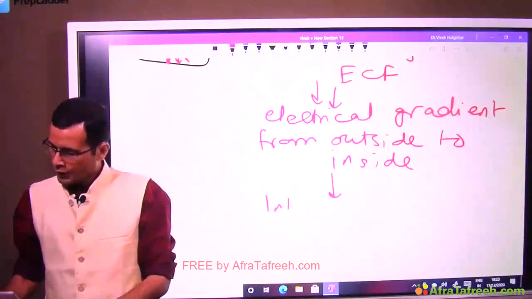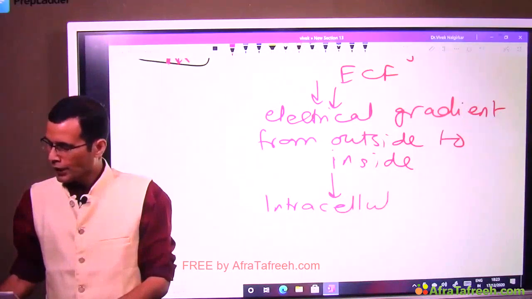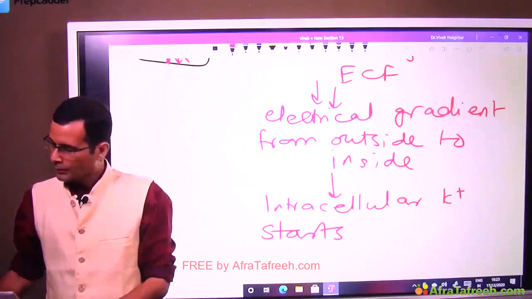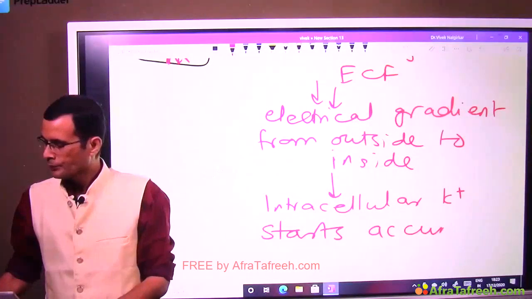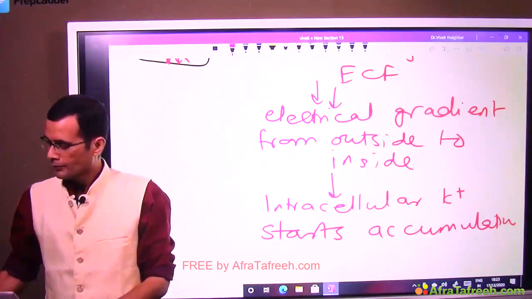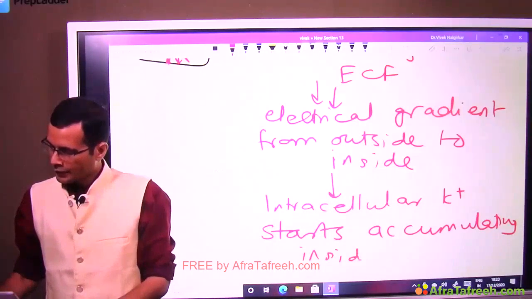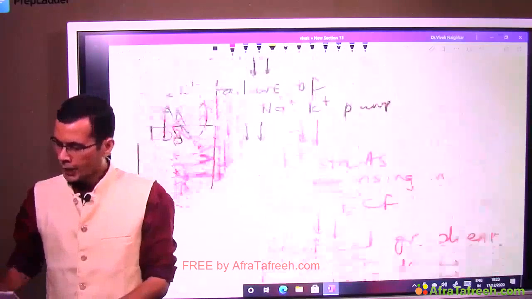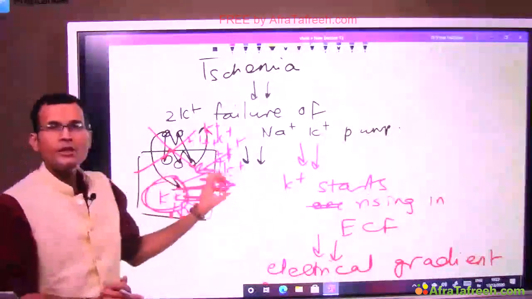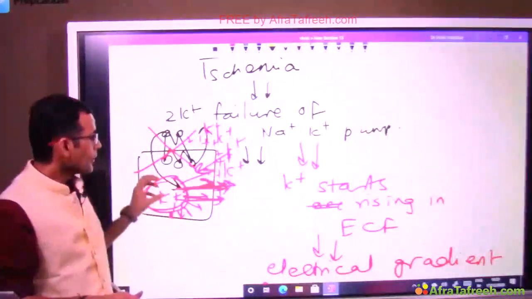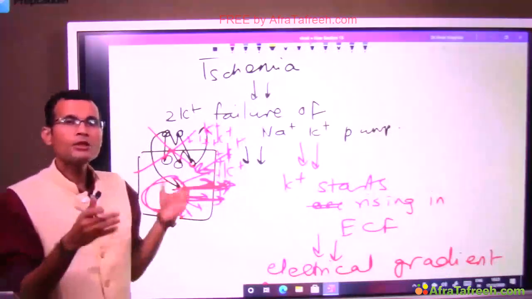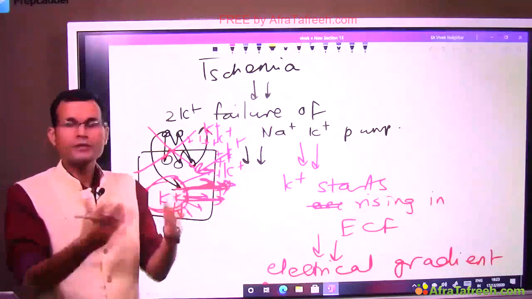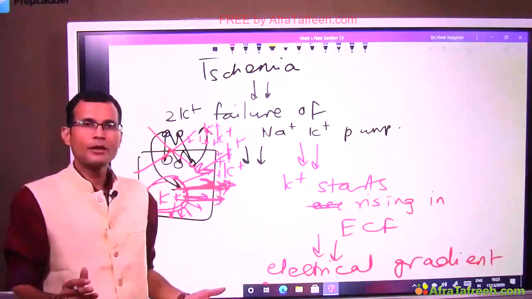So intracellular potassium now comes near the membrane and starts accumulating inside the membrane. And potassium coming near the membrane, intracellular potassium coming near the membrane means what? Membrane begins to depolarize, isn't it? After all, what is depolarization of the membrane?